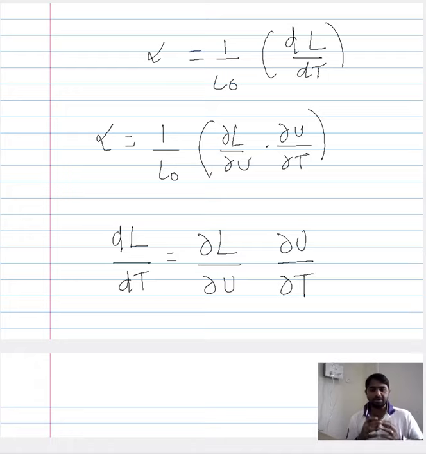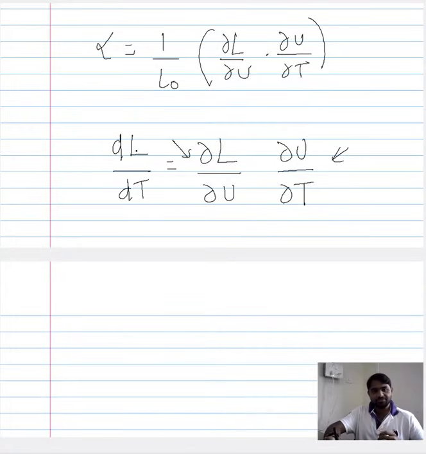So instead of directly relating temperature to the length, I'm relating temperature to the change in the internal energy of the system, and then relating that change in the internal energy to the change in length. That's what I'm doing: rewriting the change in the length with respect to the change in the temperature by including the internal energy term.